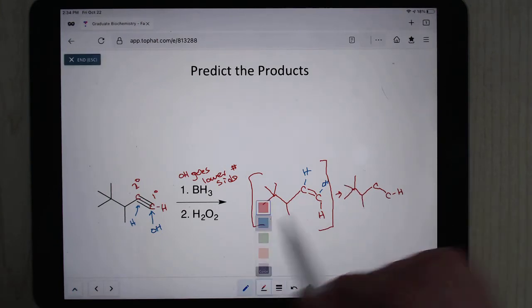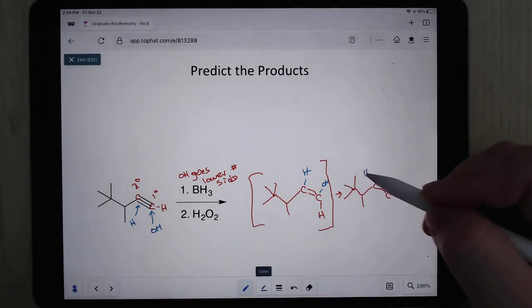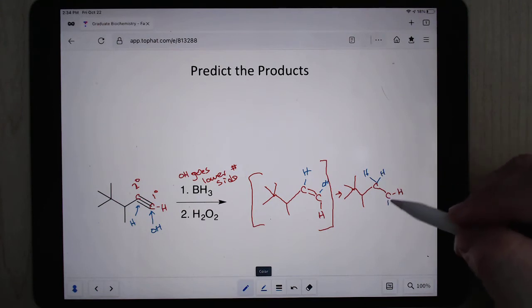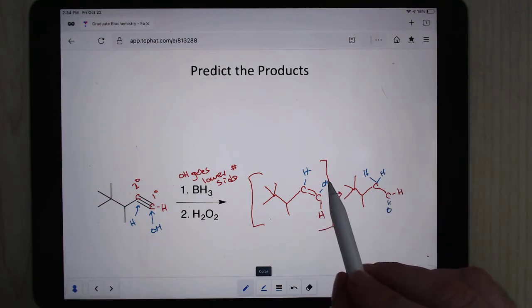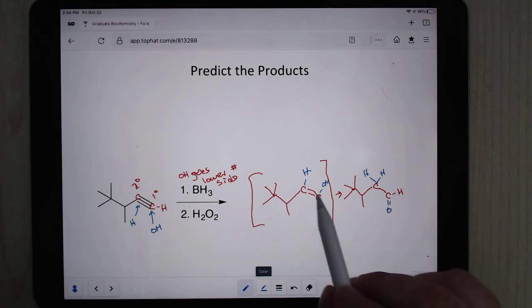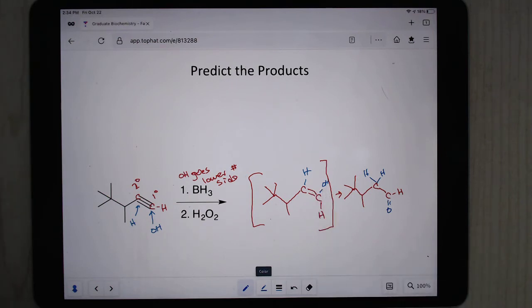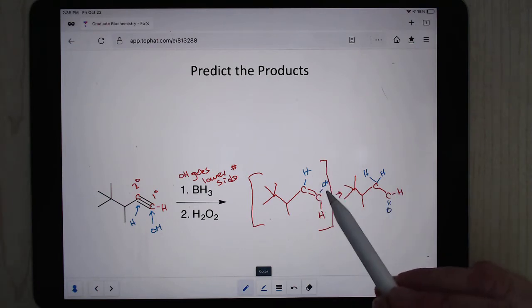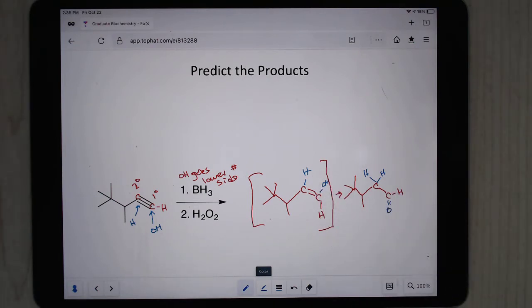This H here is going to slide over there, and this double bond is going to slide up here to make the C double bond O. But the oxygen stays put. So it was originally on this carbon, it's going to stay on that carbon. It doesn't matter that I drew it up and then here it's down. There's free rotation around that.